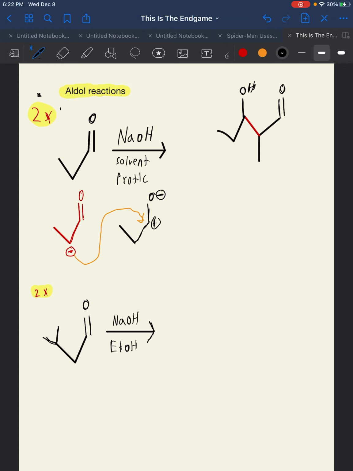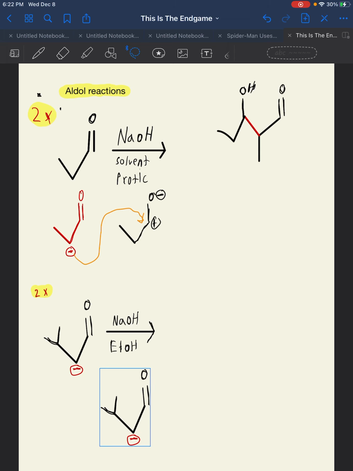But for the next example, same concept. Enolate forms. Then you also still have an aldehyde in the solution, which can then, via resonance, once again, open up that orbital. Let's do blue.